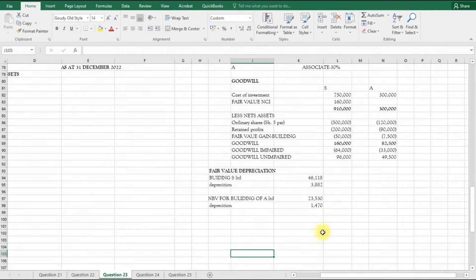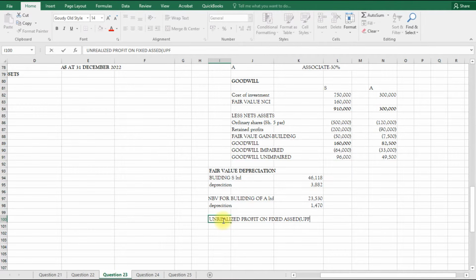So we now calculate what we call unrealized profit on fixed asset, UPFA, unrealized profit on fixed asset. This one you normally call it UPFA.